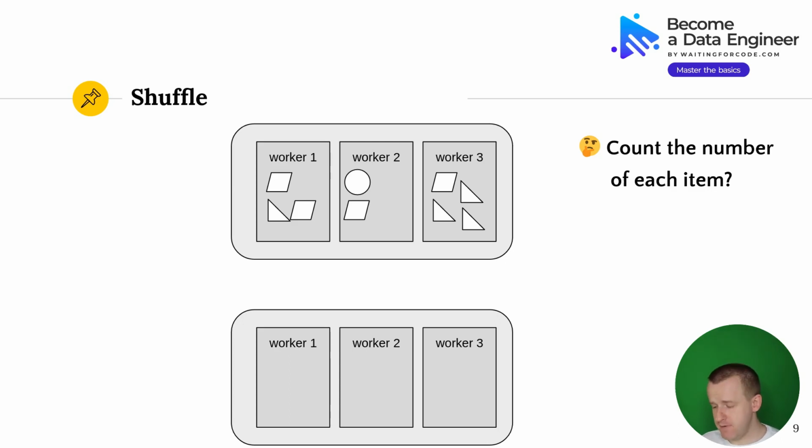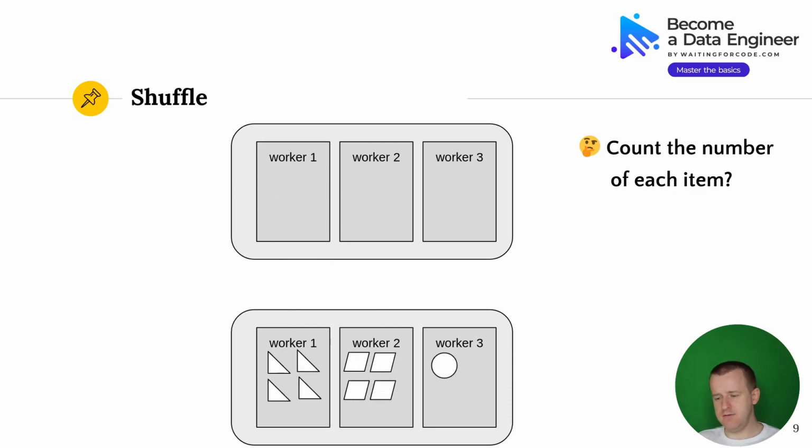And that's when the shuffle comes in. The idea of the shuffle is to bring all data of the same type to the same worker. So here we are going to decide that this figure goes to worker 1, and this figure goes to worker 2. And in the end, it gives something like that.